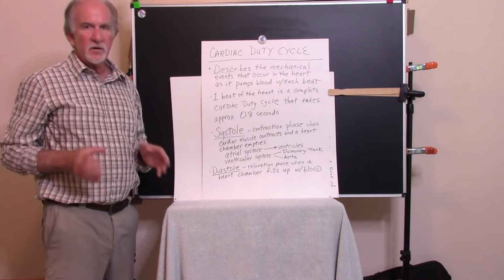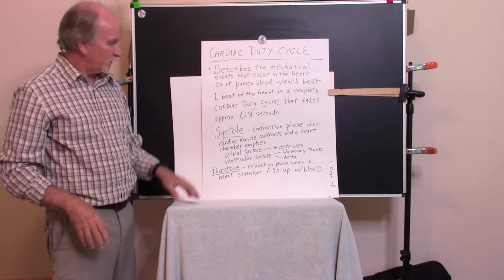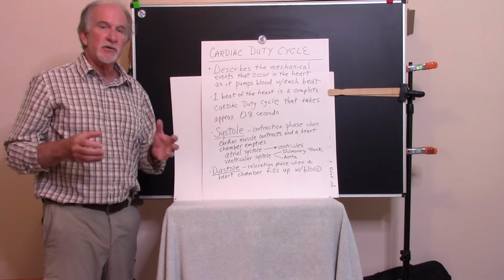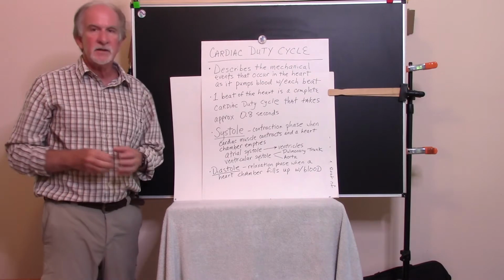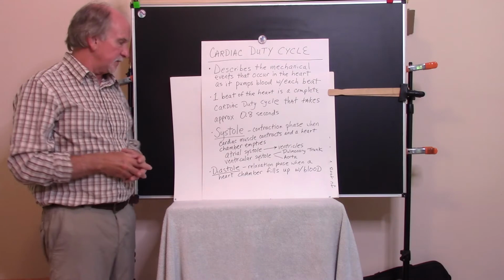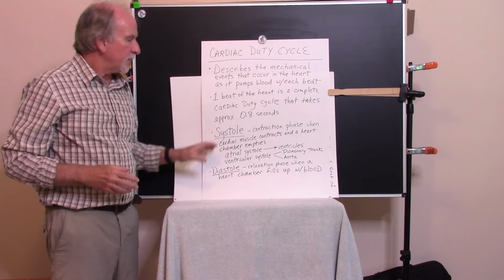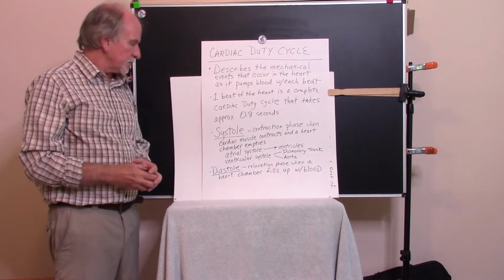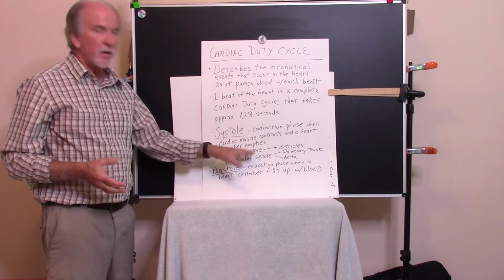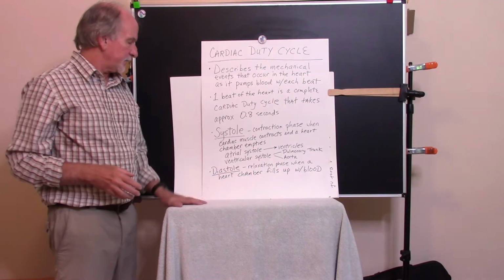So when a heart beats, a heart chamber undergoes systole and diastole. Systole is the contraction phase, when the cardiac muscle contracts and the heart chamber empties. When the atria contract or undergo systole, they pump blood into the ventricles. When the ventricles contract or undergo systole, they pump out their blood into the pulmonary trunk and the aorta.